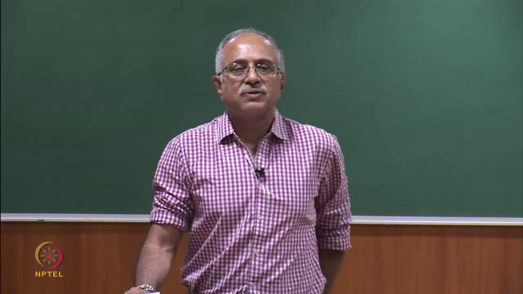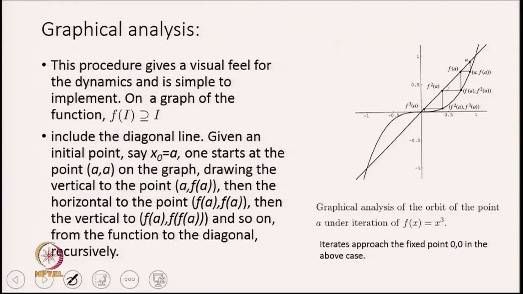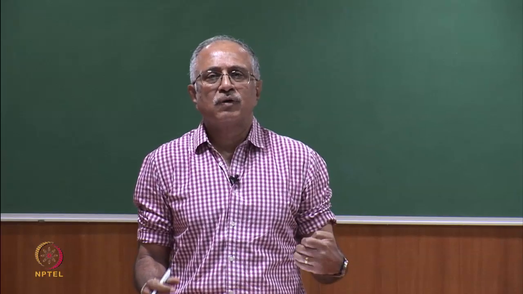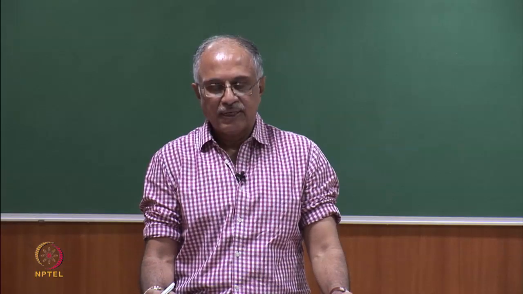I have already introduced you to the idea that graphical analysis is a powerful way of analyzing some features of the dynamics. We saw that looking at the intersection of the function f and the diagonal line made it very easy for us to identify the fixed points. Now, you can do a little more than that. Supposing I would like to know what is the orbit of a given initial point.